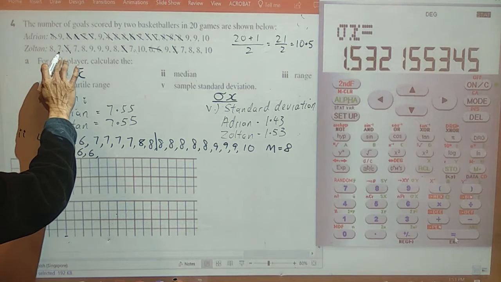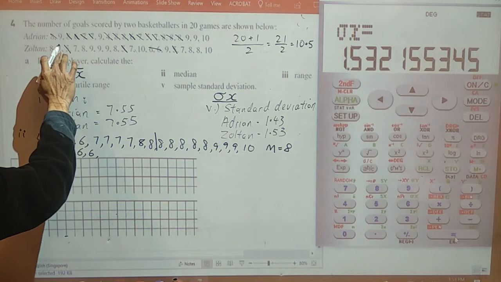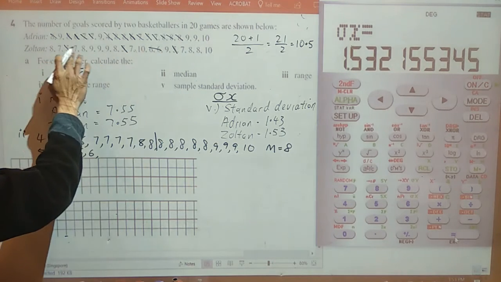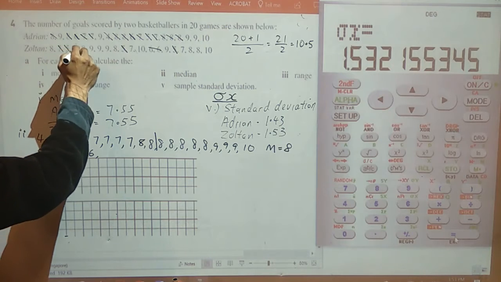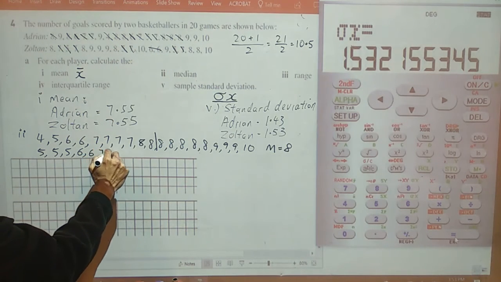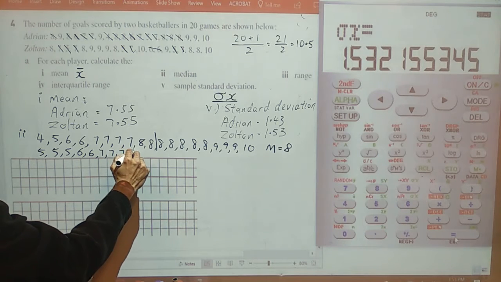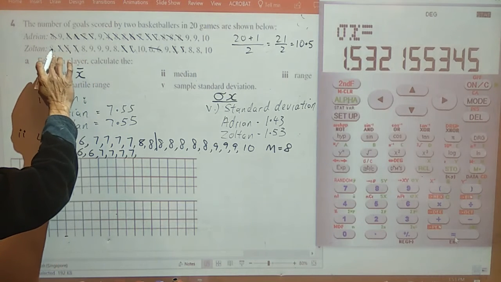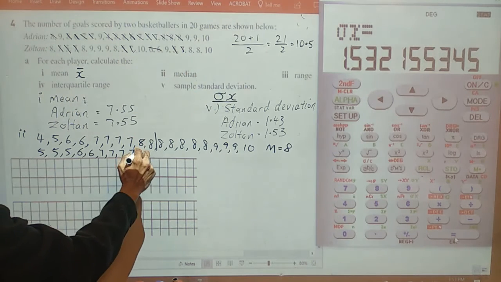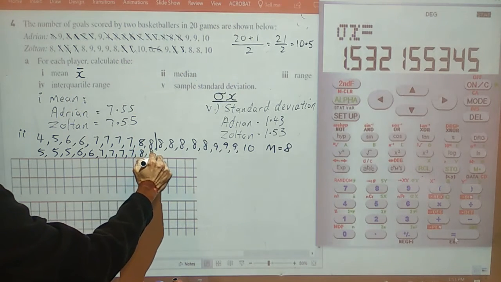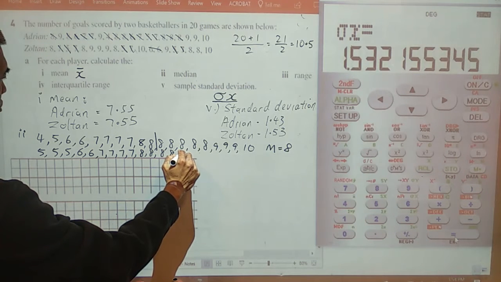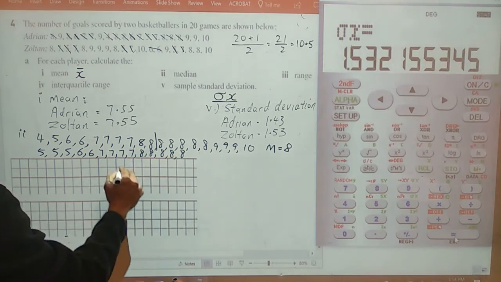Do we have 7s? Yes. We have 1, 2, 3, 4. 4 7s. And we then have 1, 2, 3, 4, 5. 5 8s.